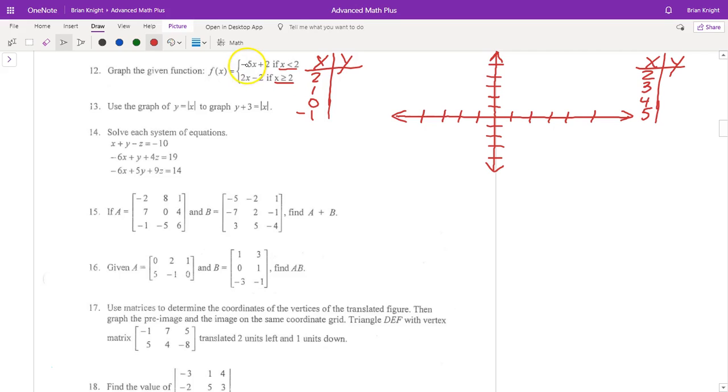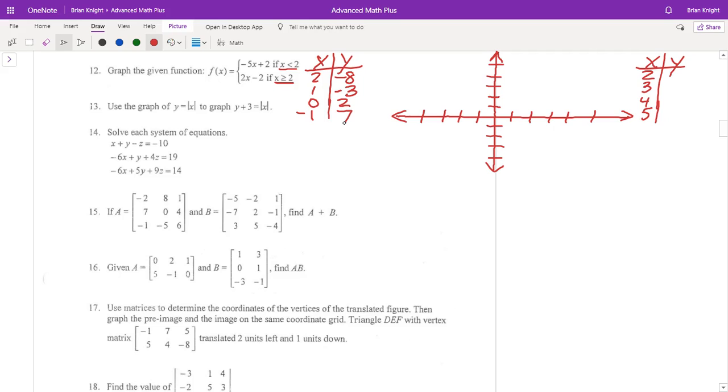So -5 times 2 is? -10. -10 plus 2 is -8. -5 times 1 is -5, plus 2 is -3. If I plug in 0, what do I get? 2. And if I plug in -1, what do I get? 7.